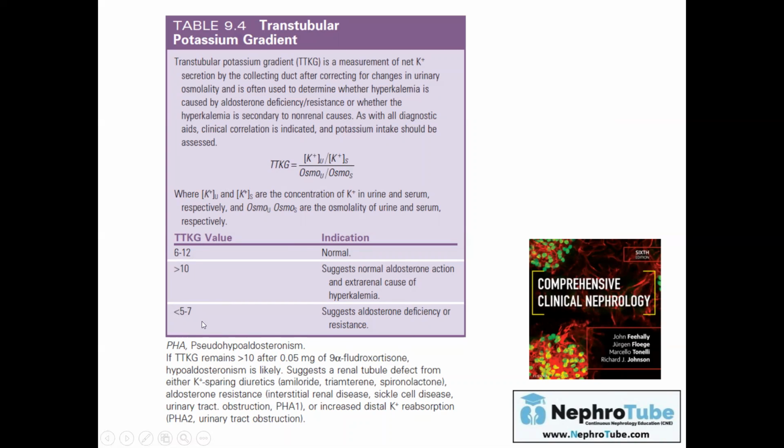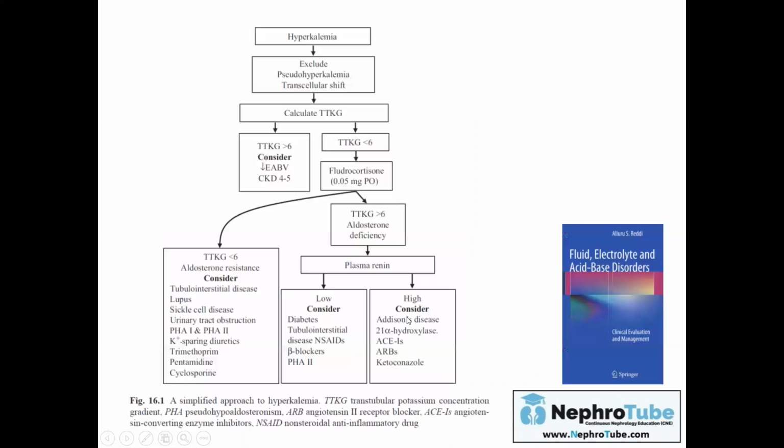And if the transtubular gradient is low, below 5 to 7, let's say average 6, we have to differentiate: is it due to aldosterone deficiency or resistance? In this case, they give the patient fludrocortisone. If the transtubular gradient is below 6, they give fludrocortisone.